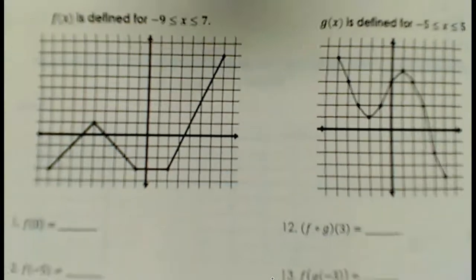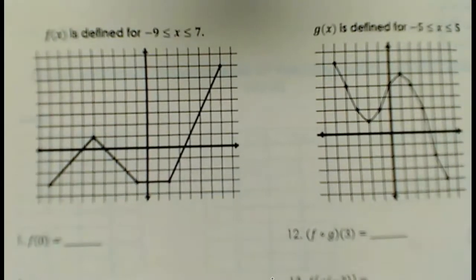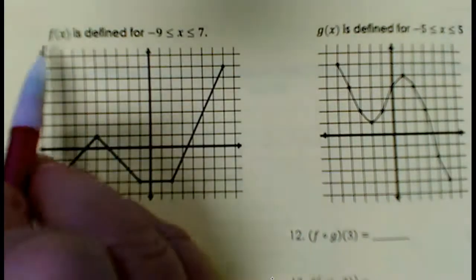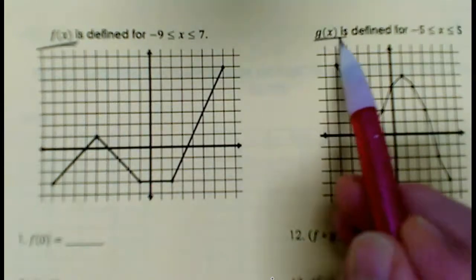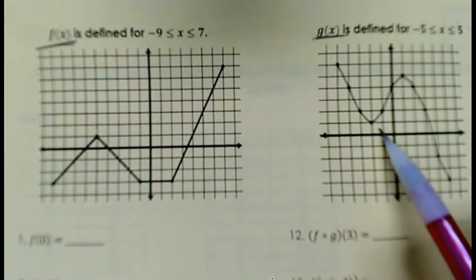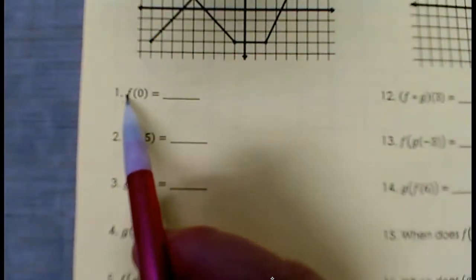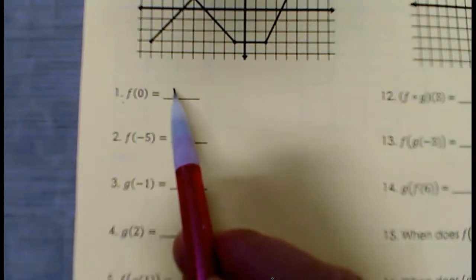What about if we have graphs? What's the name of this first graph? The first graph is named F. The second graph is named G. This means, look at the graph named F, go to x value of 0, what's the y value?